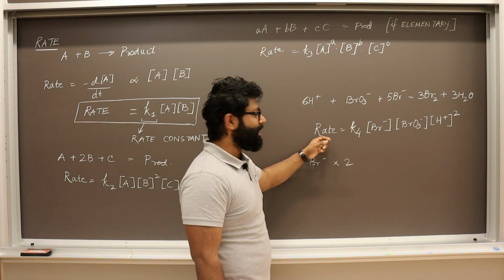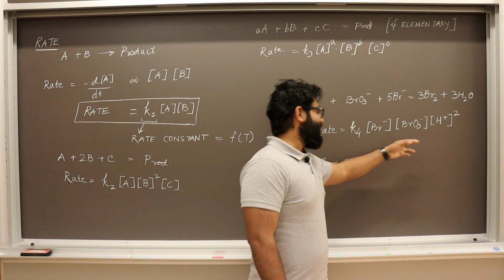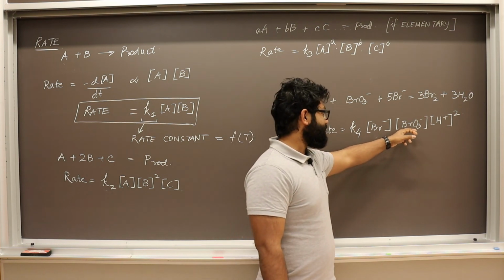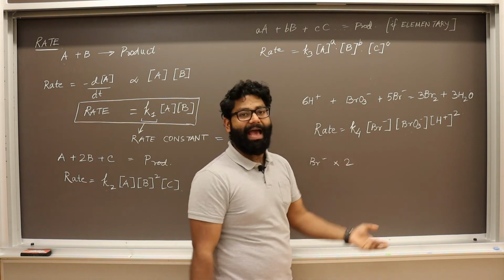The rate will also become doubled because this is raised to the power of 1. Same for bromate. If you decrease the concentration of bromate here by half, the rate will be halved.